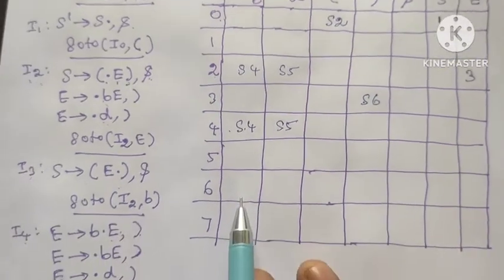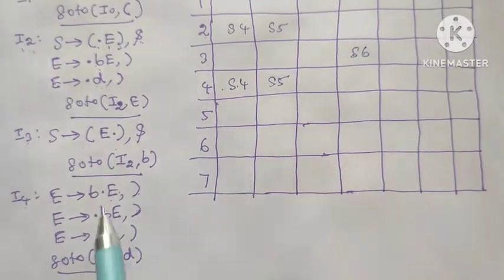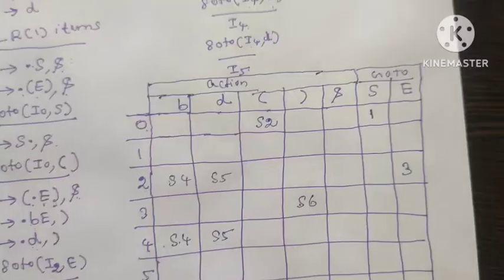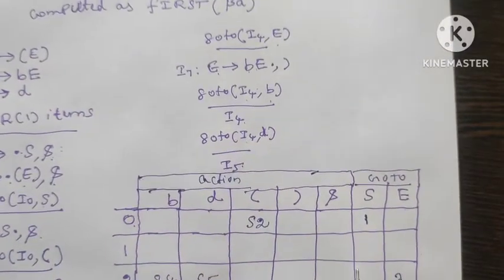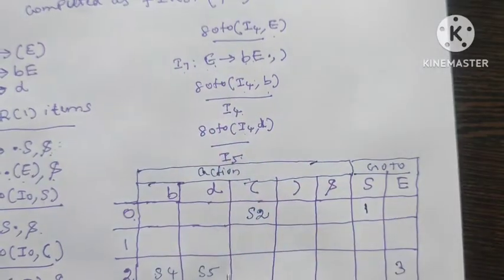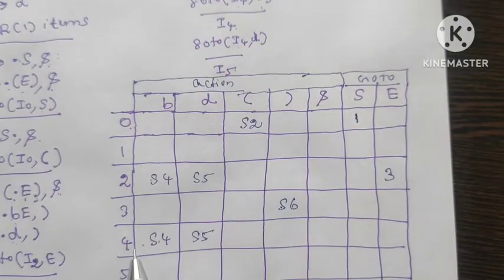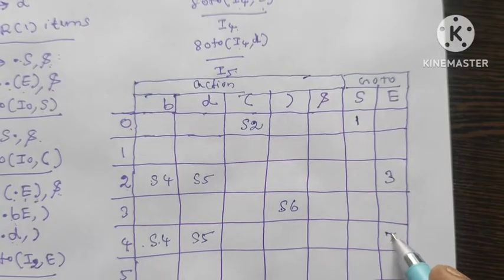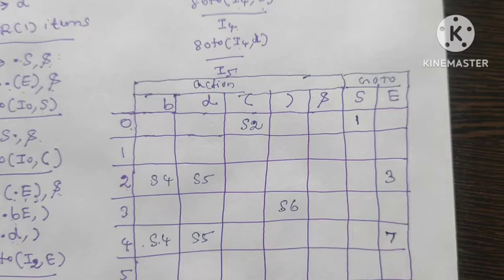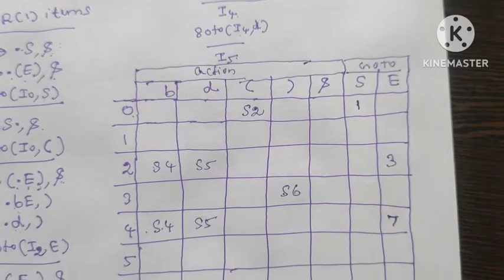Now in I4 we have a dot before E, isn't it? So go to of I4 comma E produces I7. So write it as 7. Now come to I5.